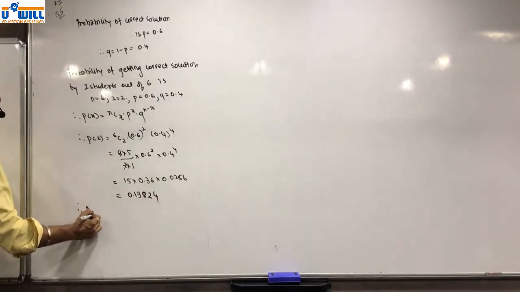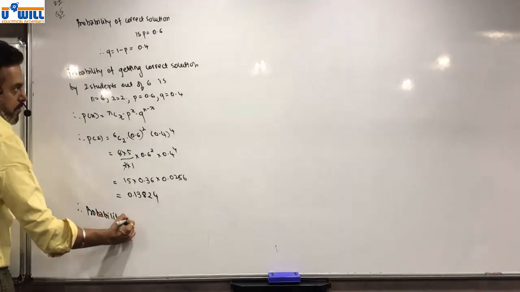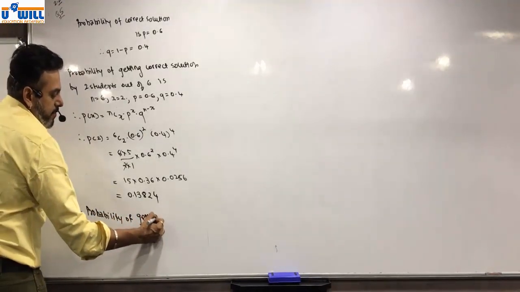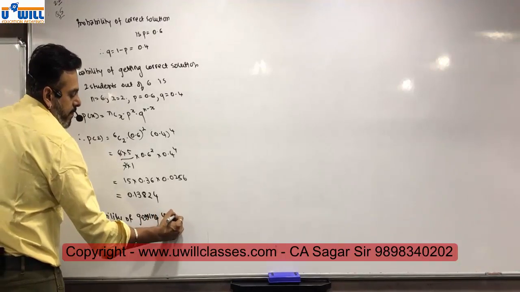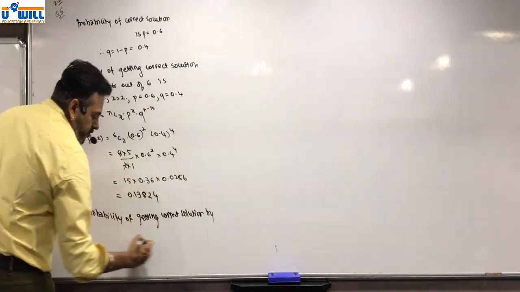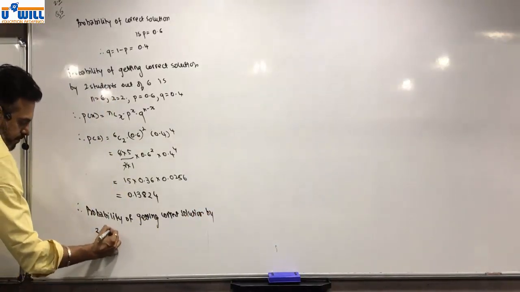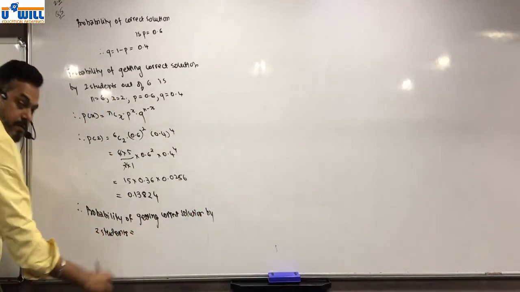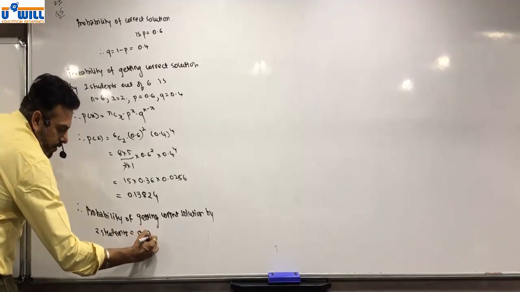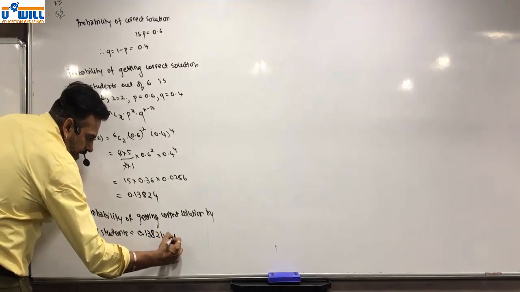Therefore, probability of getting correct solution by 2 students is equal to 0.13824. Answer.